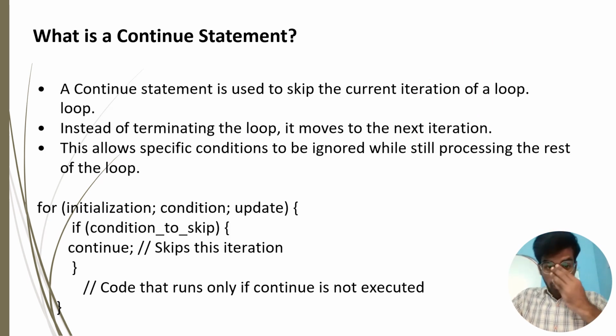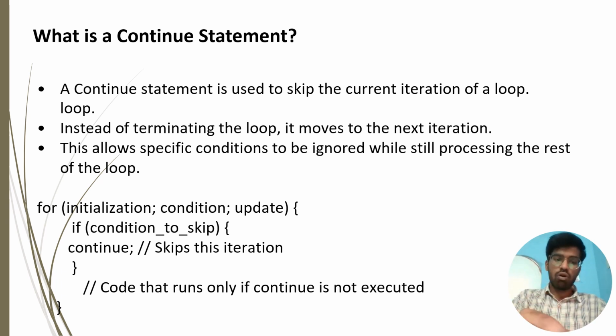After that, continue is used when we are iterating over elements and want to skip one element or one case only. At that time we use the continue statement. A continue statement is used to skip the current iteration of the loop, and the remaining iterations are executed. Instead of terminating the loop, it moves to the next iteration just by inserting one condition.